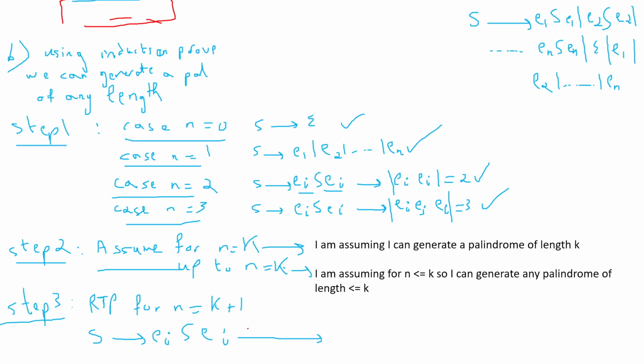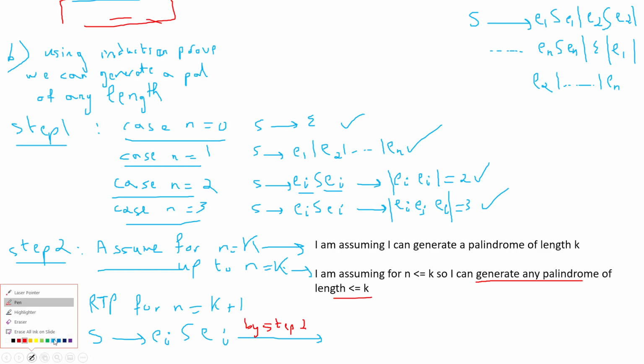Using my assumption of step 2, I'll replace this S, because remember, what is step 2 saying? I can generate any palindrome of length less than or equal to k. Well, what should I replace S with? I'll replace it with some string w, right? But what should the length of w be?